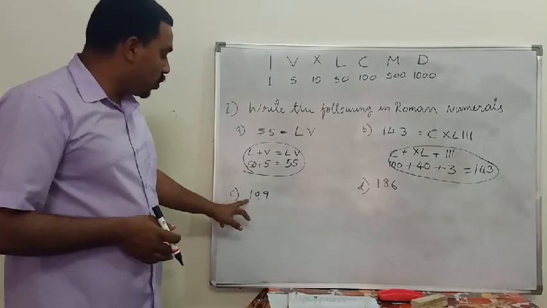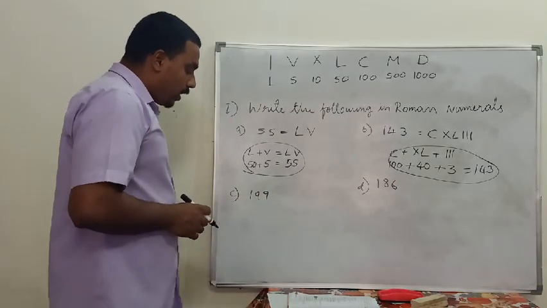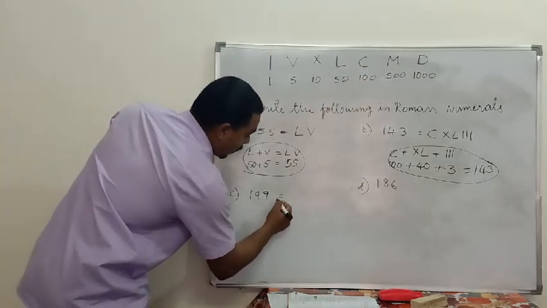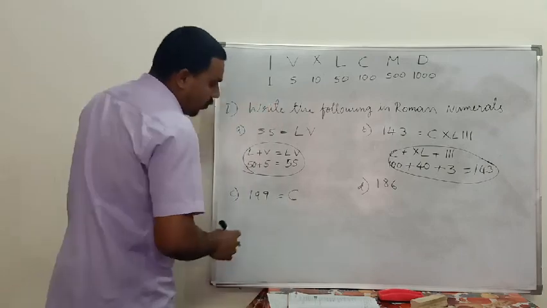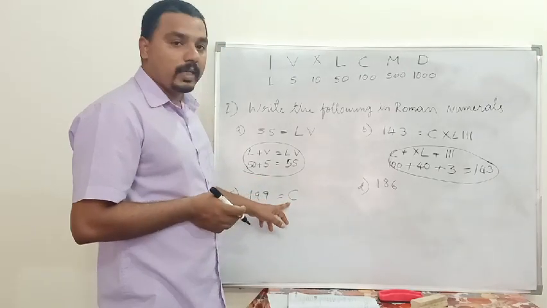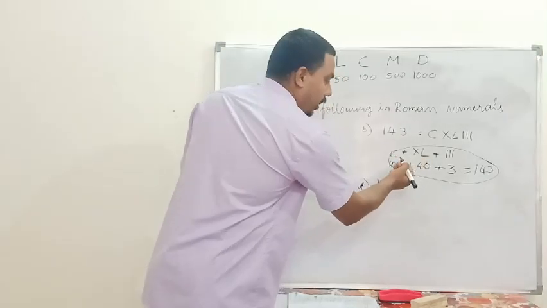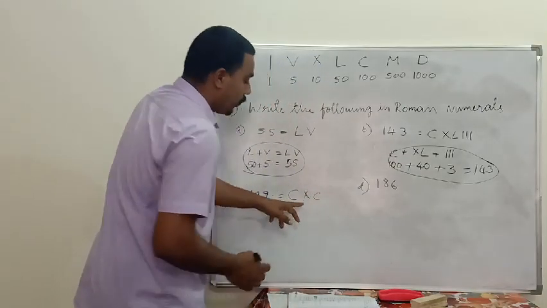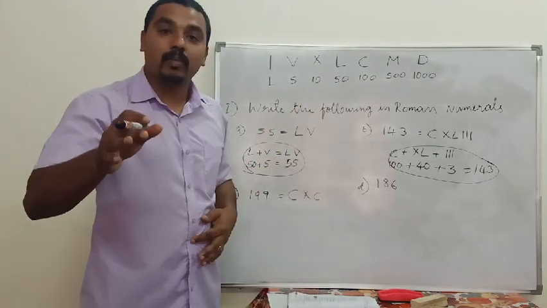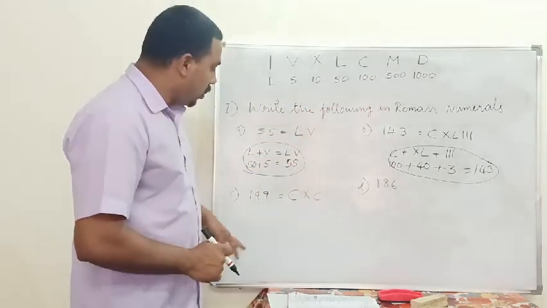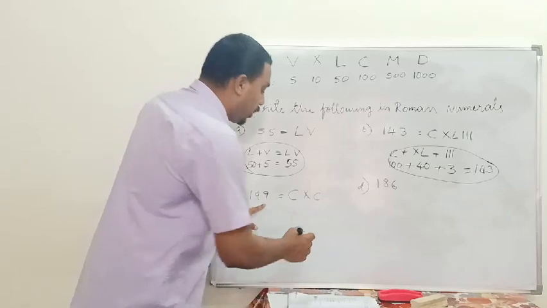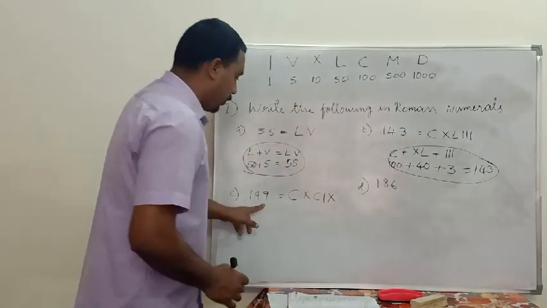And the next question is 199. How to write 199? In the same way we have to write 100. Then we have to use 90. How to find 90? I told the same fact we have to take here. When 10 comes before 100, which means 100 minus 10 is equal to 90. So now it is 190. Then 9, how to write 9? This way.